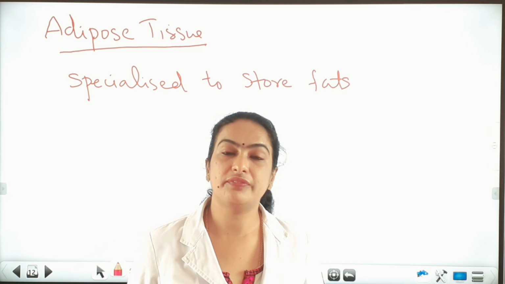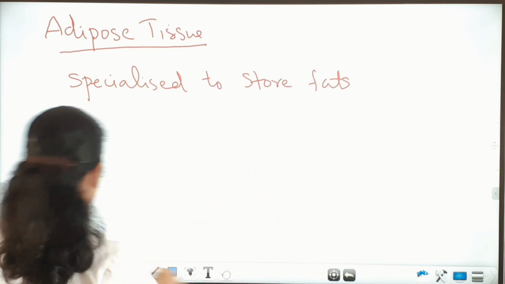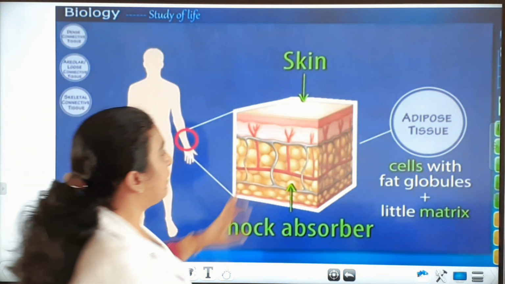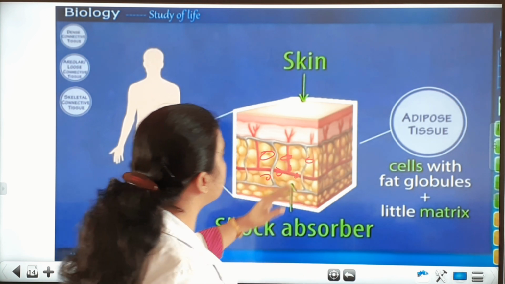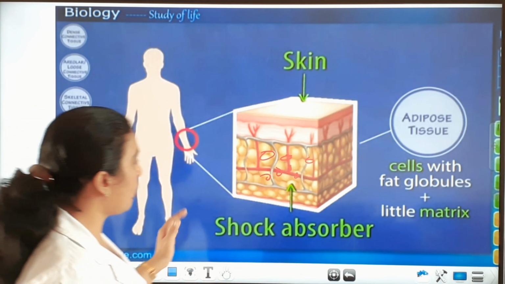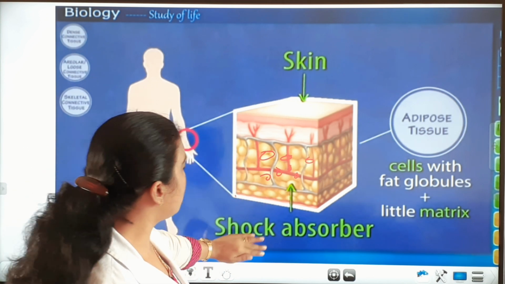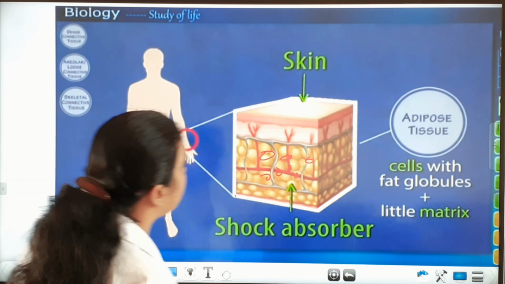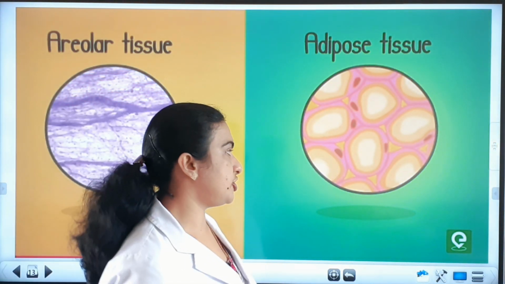Due to the presence of these fat droplets, the skin acts as a shock absorber. I will show you. Here the fat droplets are. Here also a little matrix is there. So, this is adipose tissue.